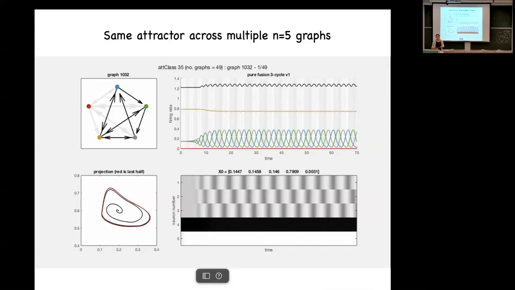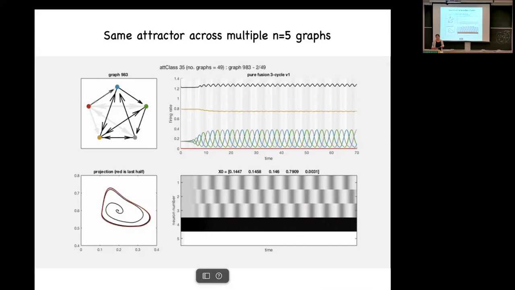I was just wondering, in these different examples where you see the same picture, are the nodes that are different? Did you notice anything about the magnitudes of their firing rates? Like, are they really tiny? Yeah. In this case, the 5th node on this attractor isn't firing at all.